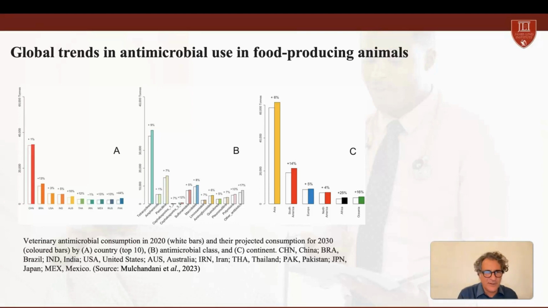In any sort of case, we will see this in any country, not just China and Southeast Asia, but also the USA, European countries, Iran, Thailand, Pakistan, and Australia as well. Australia, for example, is specialized in sheep. The projection of this study showed that by 2030 there will be an increase in any sort of country and in any sort of different antimicrobial.